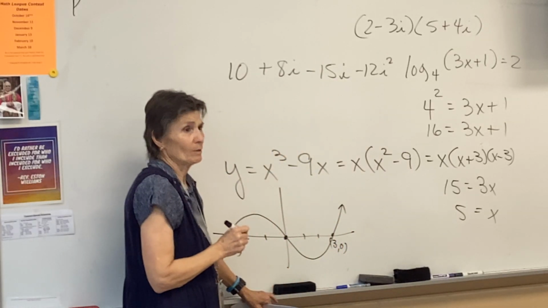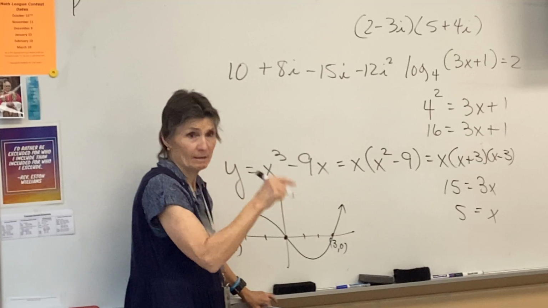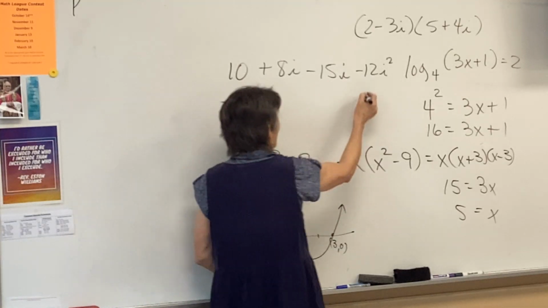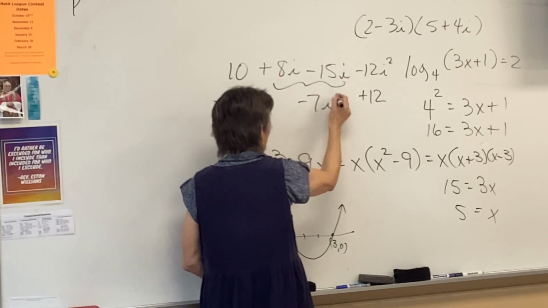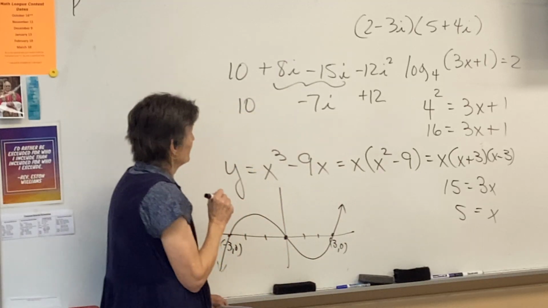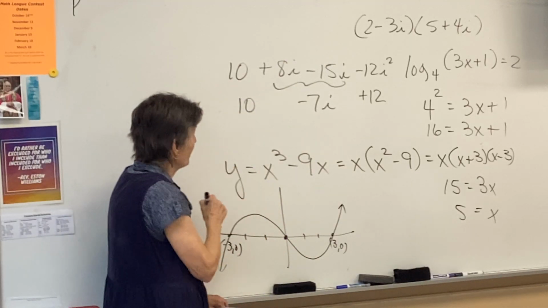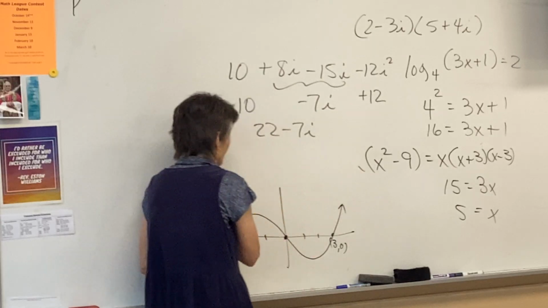And what do I remember about i squared? It's negative 1. So negative 12i squared will be plus 12. These two make negative 7i. And of course I have my 10. So 10 and 12 makes 22. And there we go.